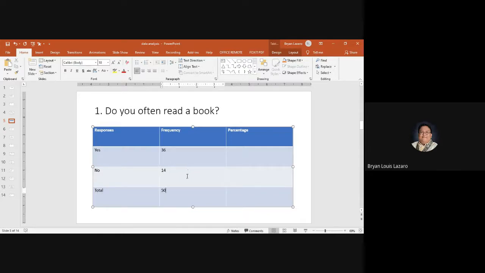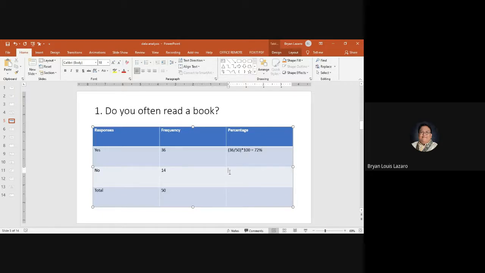Para makuha niyo yung percentage, 36 divided by 50 times 100. Gagamit ako ng calculator, saglit lang. So 36 divided by 50 is 0.72 times 100, that is 72%.